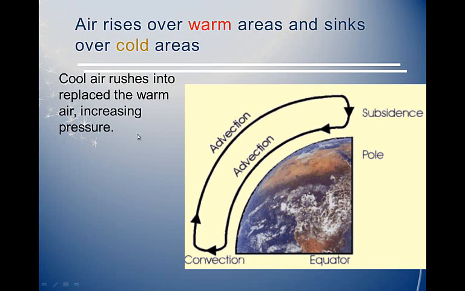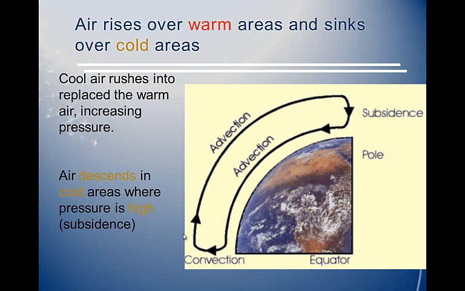Then the cold air will rush in to replace that warm air, and that will increase the pressure. Air descends in cold areas where the pressure is high. We call that subsidence. Okay, so a lot happens in this. So just remember that when the warm air is that low pressure and that air rises, that cold air, which is a higher pressure, is going to rush in to take its place.